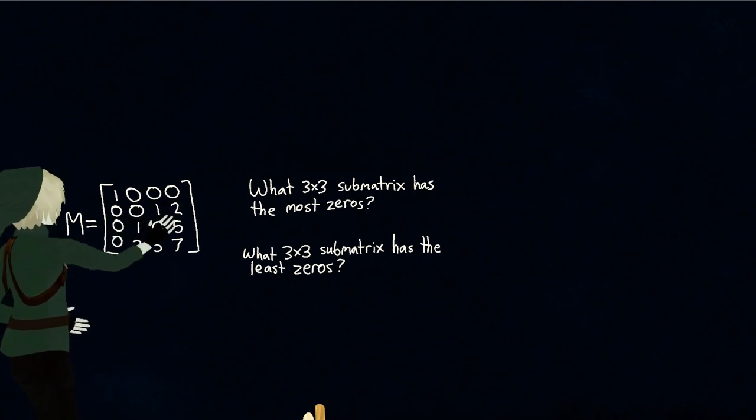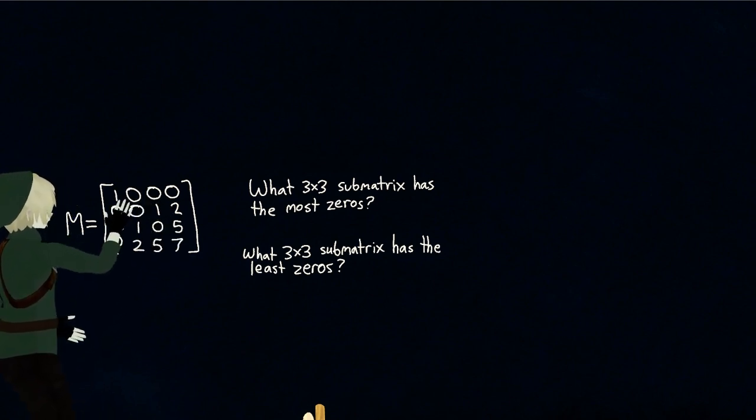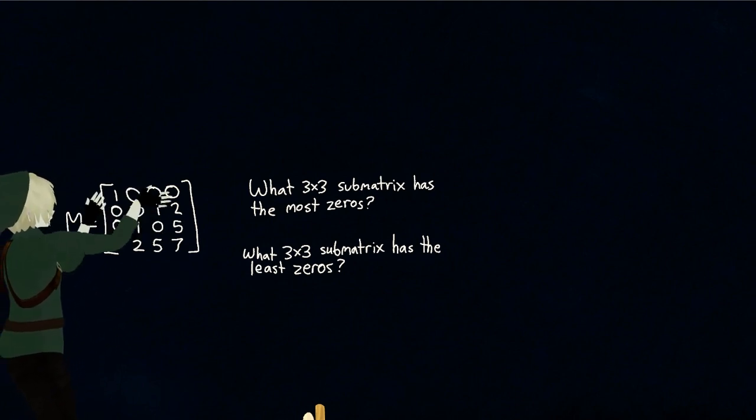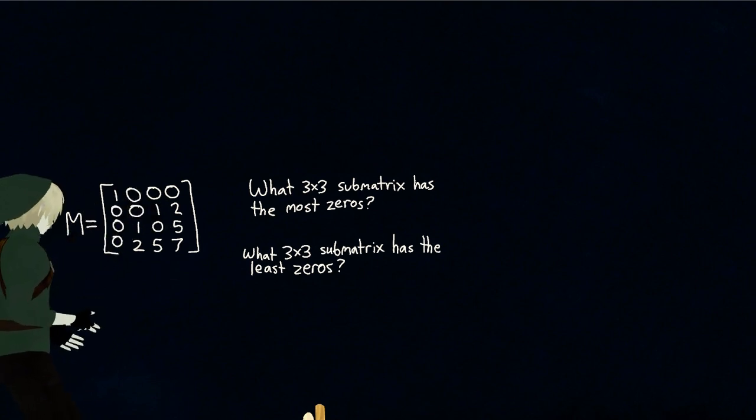The rest have 4 zeros here and 2 zeros here. So this 3x3 portion would be our submatrix with the most zeros.